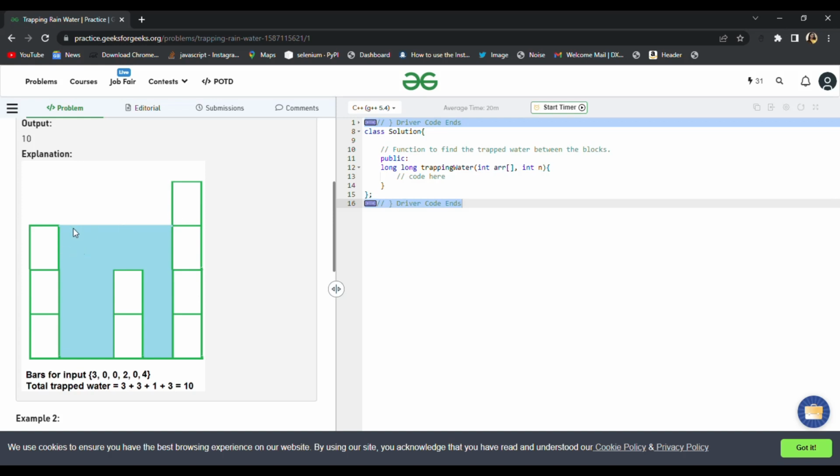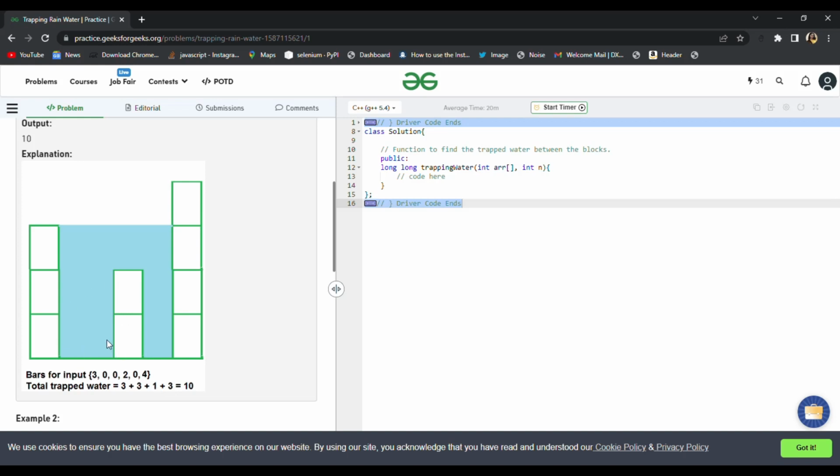So we need to find the minimum among these two, which is 3. And how much water can be stored over here? It's the present block height, 3 minus 2. The present block height is 2, right? So 3 minus 2, that is 1 can be stored. So they have given over here 1.